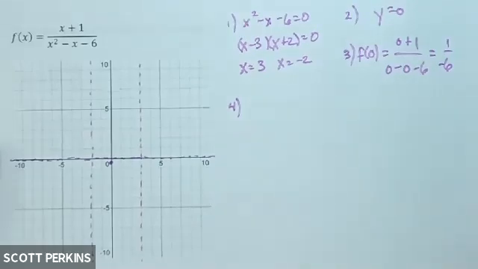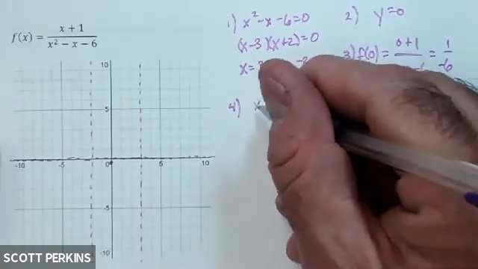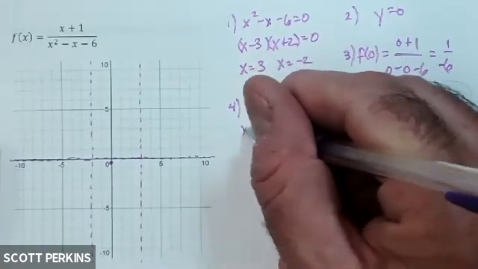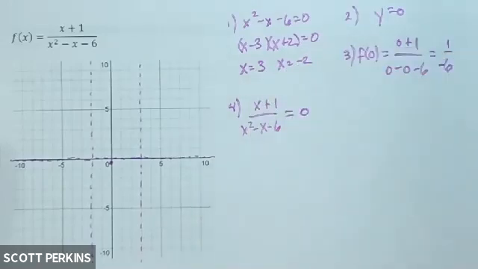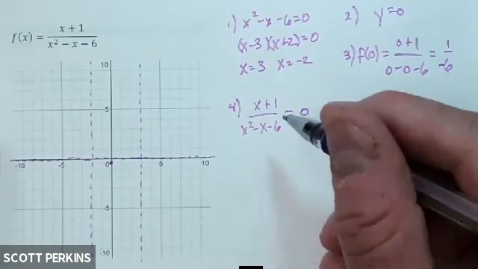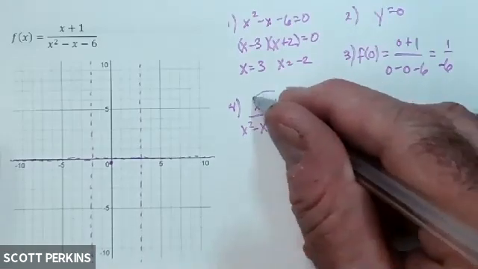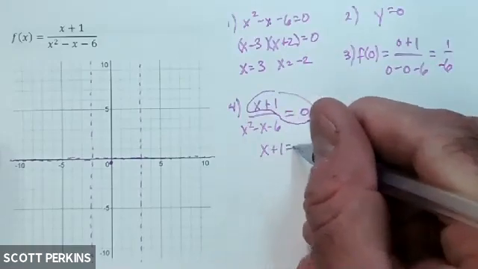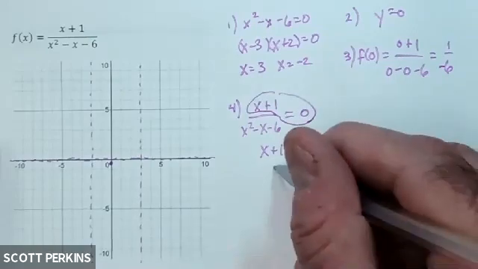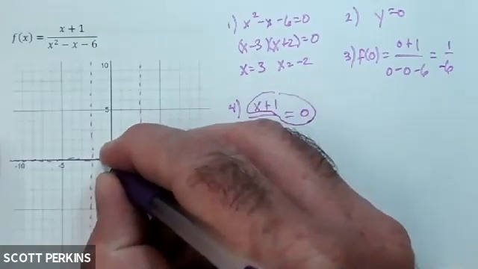Okay, to find the x-intercept, I take my function, x plus 1 over x squared minus x minus 6, and set that equal to 0. But again, just like the ones on the previous page, the denominator has nothing to do with this fraction being equal to 0. It's always the numerator. So that means the x plus 1, when is that 0? When's the numerator 0? That happens at -1. So I'm going to put a nice dot here at -1.